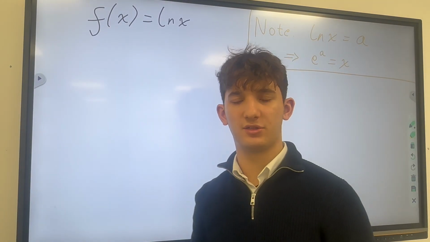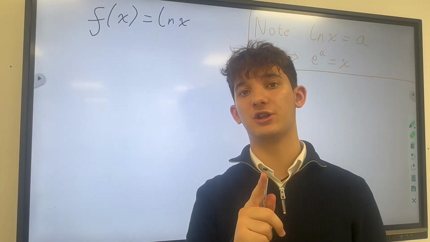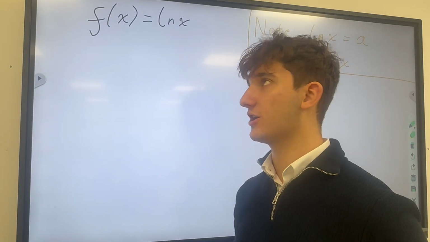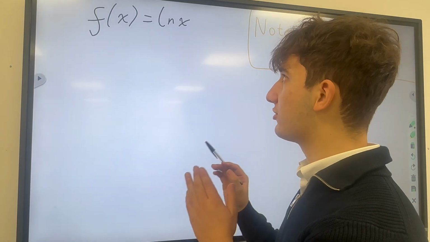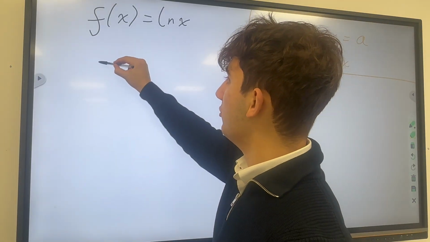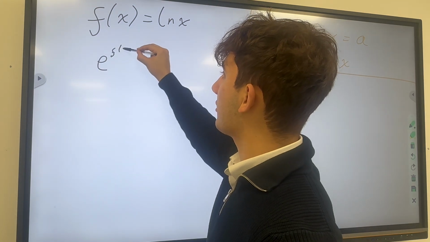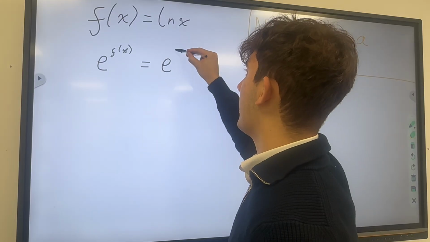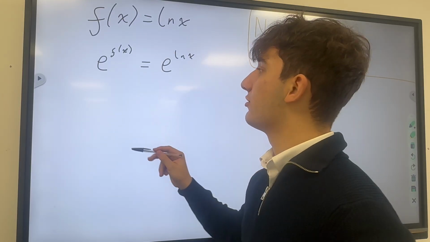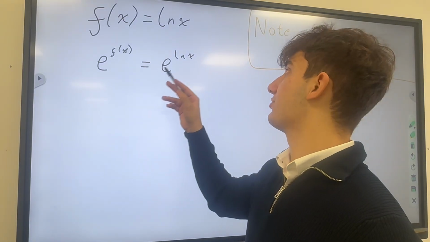Okay, so where do we start this time? You'd think first principles, but actually no. This time we're just going to use some logic and work through it step by step because we don't actually need first principles for this derivative. First of all, we'll just put f of x as the power of e, and we'll do the same on the other side. Ln x is the power of e. So we get e to the f of x equals e to the ln x.